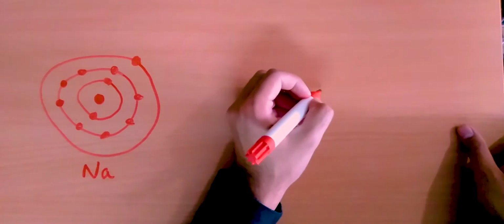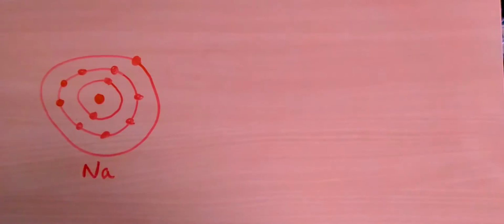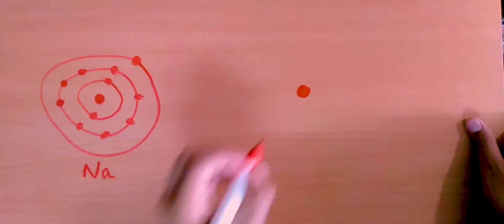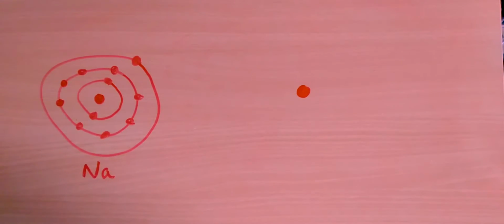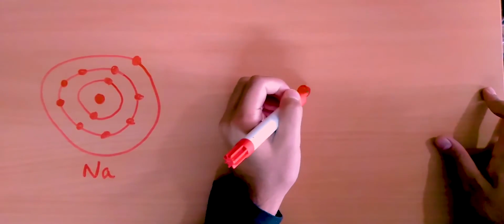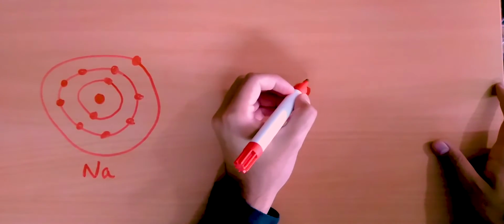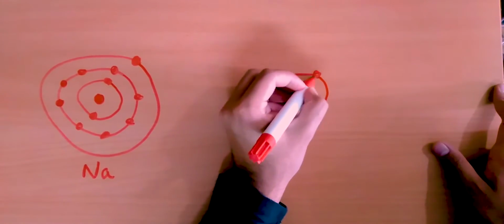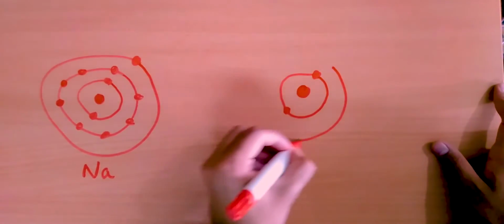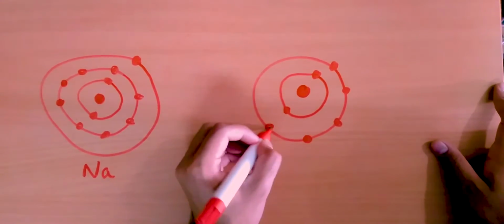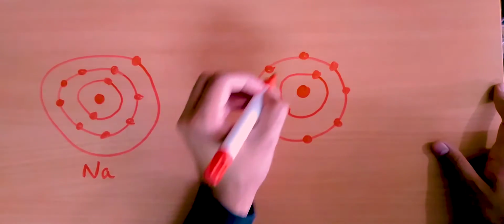And now on the other hand I draw the chlorine atom, and chlorine has an atomic number of 17, so it has 17 protons, and let me just check, chlorine has 18 neutrons, so 17 protons, 18 neutrons, fine enough. And because it is neutral, it should have 17 electrons also, so I'll put 2 there and I'll put 8 there, total 10.